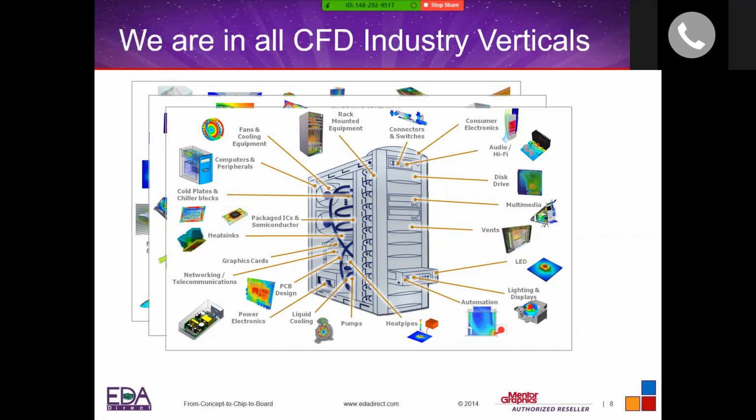But this shows what you can find within a PC, a server, or a computer. You will definitely see PCBs, lots of chips, maybe water cooling or liquid nitrogen cooling, power supplies, heat sinks, and fan cooling. Even rack-mounted boxes can be represented like this.